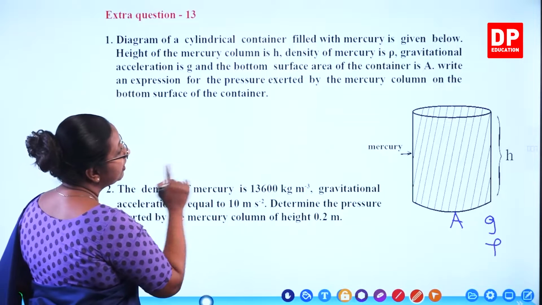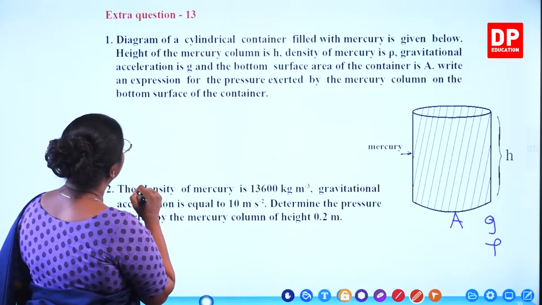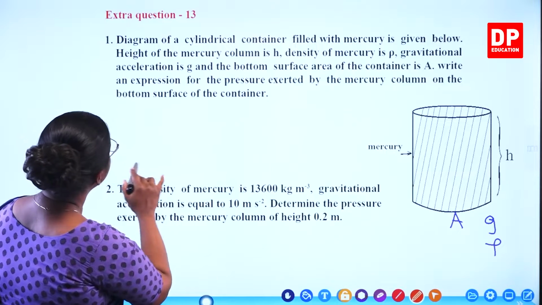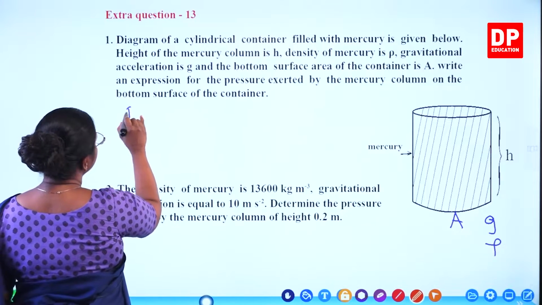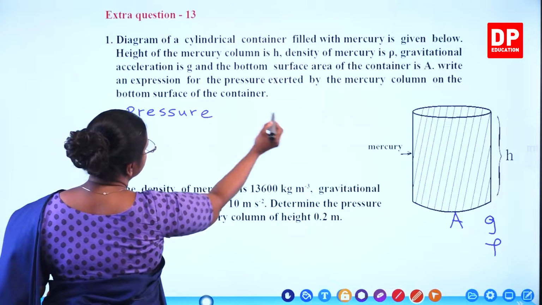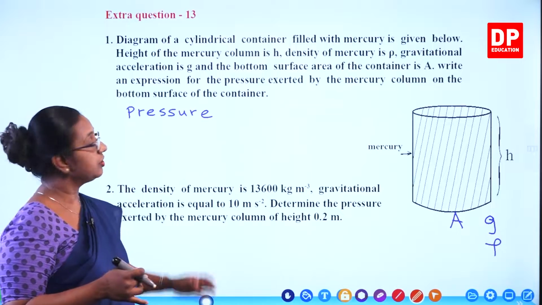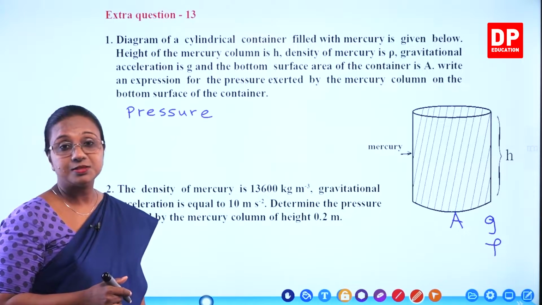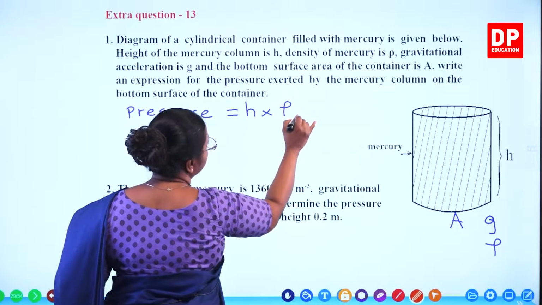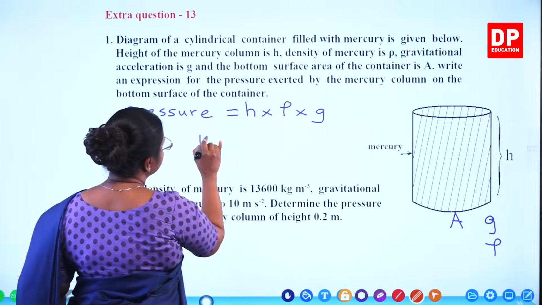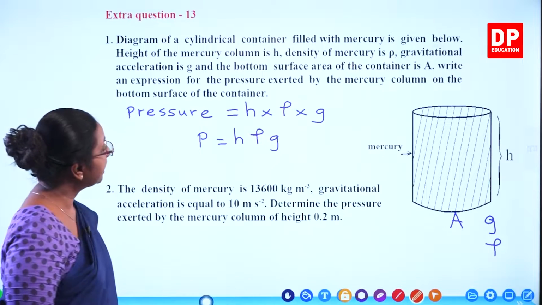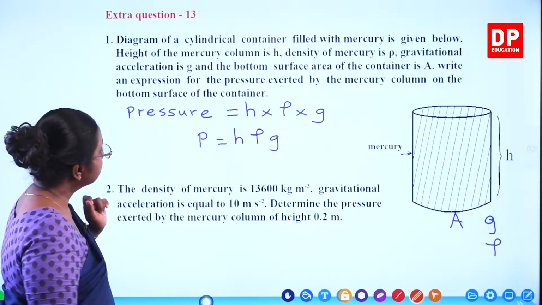They haven't given any symbol for pressure, so we will say pressure equals h into rho into g. Or in other words, P equals h rho g. That is the expression.